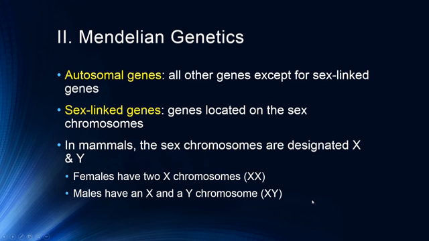As a result, if you are missing that gene on the X chromosome, it's not on the Y chromosome, and so you'll end up with a color vision deficiency or a lack of that specific protein. Females very rarely have that condition because it would have to be on both X chromosomes.